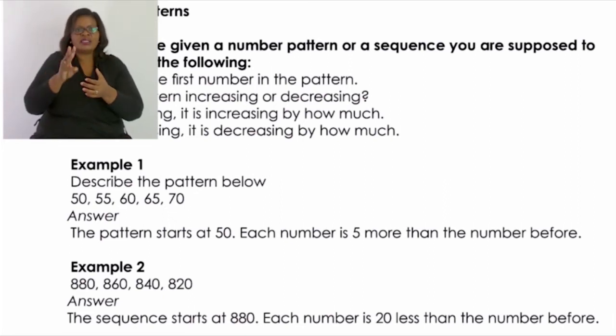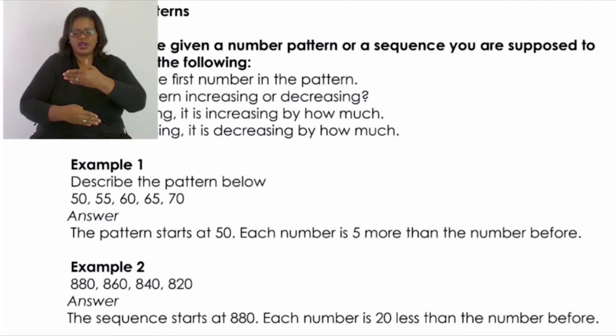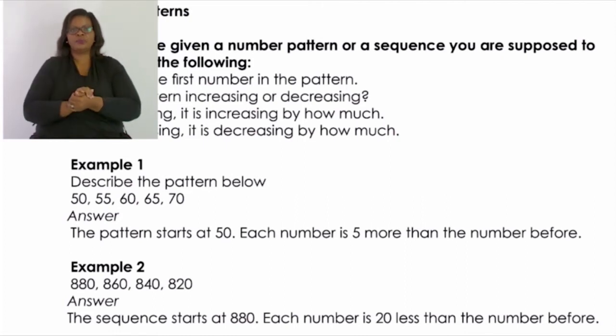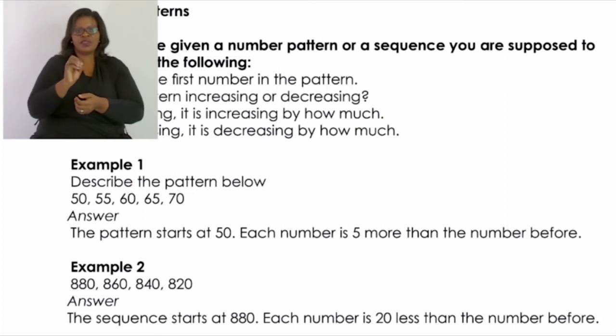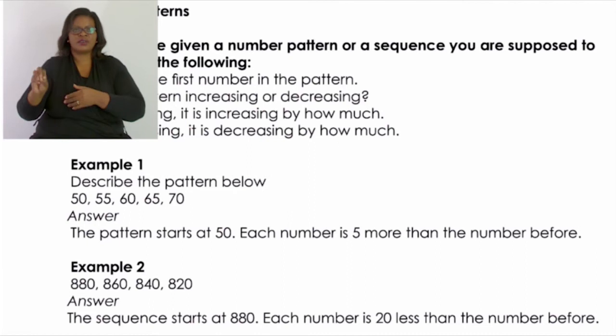So it means each term we are going to have is having 5 more than the previous one. That is why we end up having 50, 55, 60, 65, 70. Our pattern is going up.